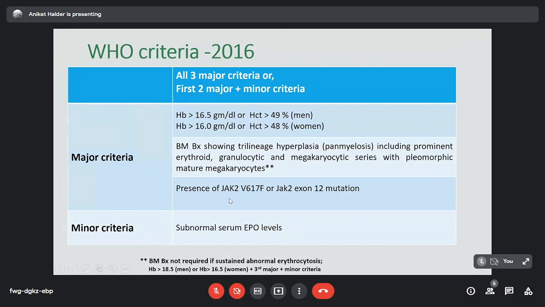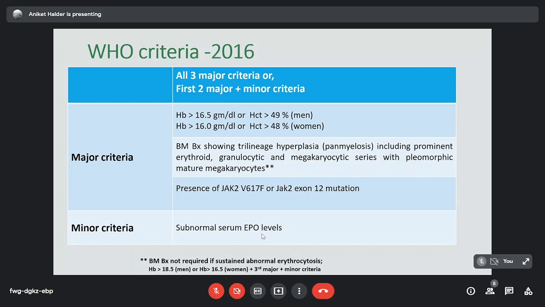criteria is the subnormal serum erythropoietin level. For diagnosing polycythemia vera, all three major criteria have to be present, or the first two major criteria along with the minor criterion will suffice to diagnose a case as polycythemia vera.